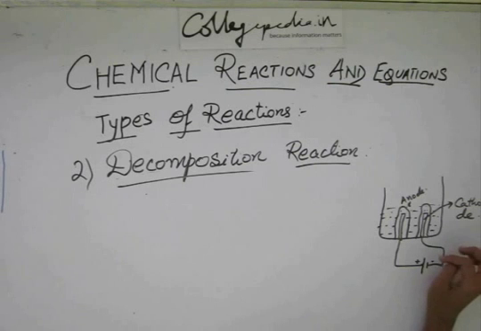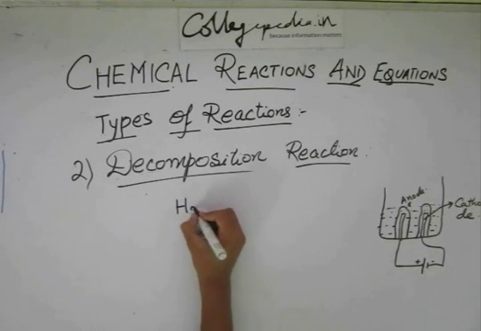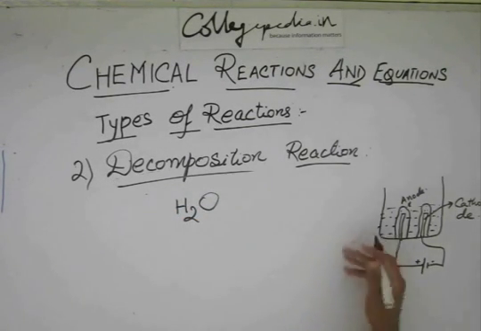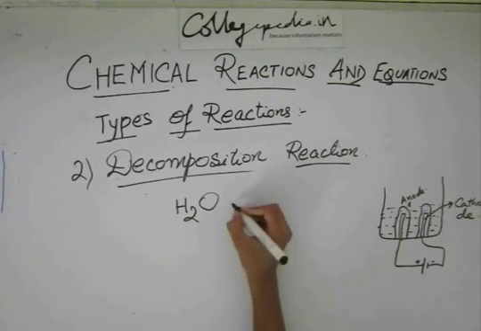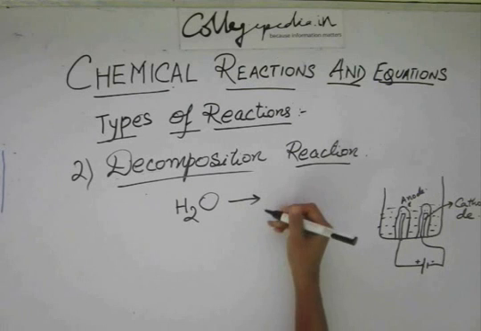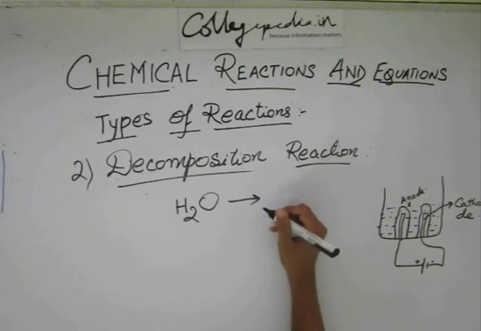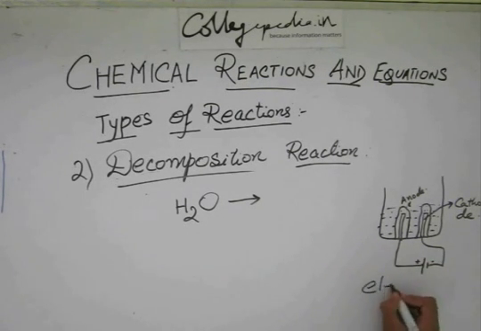So this one is the anode, this one is the cathode. Now you see, as you pass electricity, the electricity is responsible for the breakdown of the water in the beaker. You might have heard the term electrolysis of water. This is the same thing.